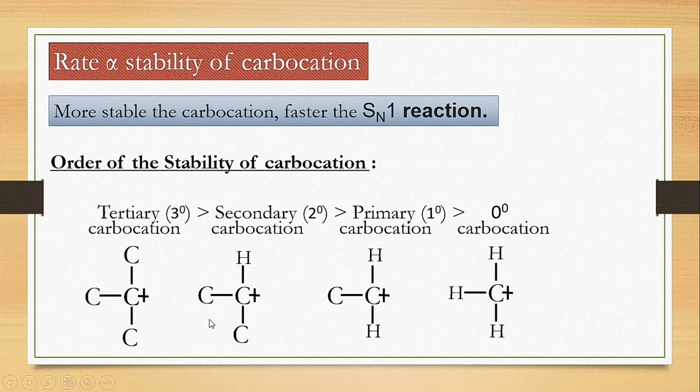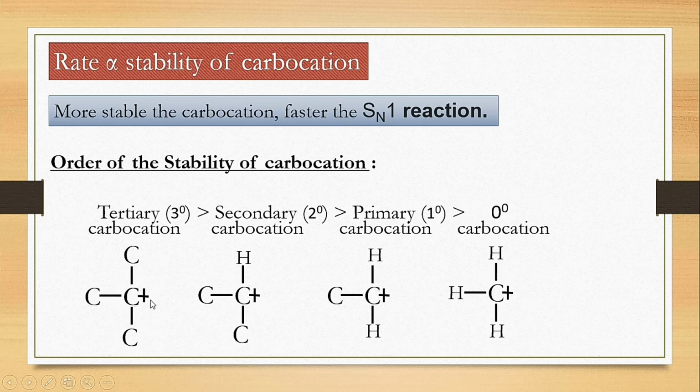So the order of stability of carbocation is 3 degree most, then 2 degree, then 1 degree, then 0 degree. See, if we consider these groups as methyl or any alkyl group, the alkyl groups have a tendency to donate electrons. So in the tertiary carbocation, these 3 groups will donate electrons to the center carbon atom.